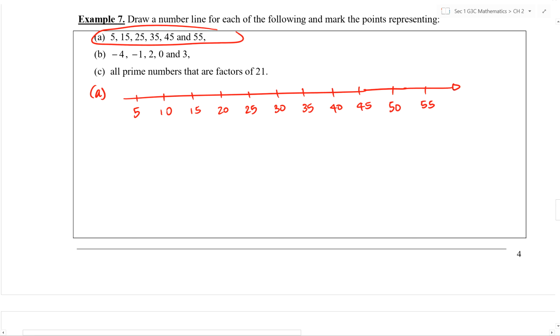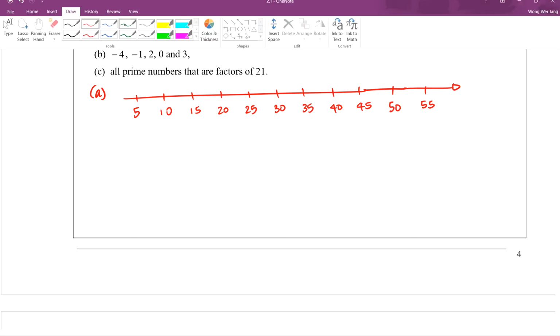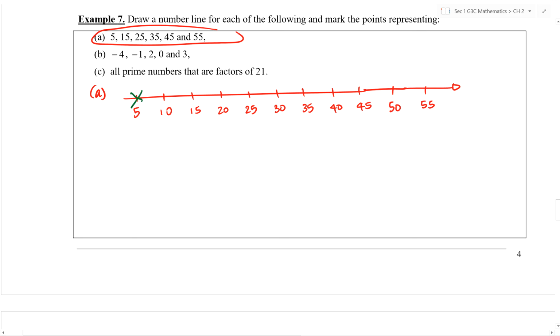Mark the points: 5, 10, 25, 35, 45, and 55. Okay, please try part B and part C yourself now.